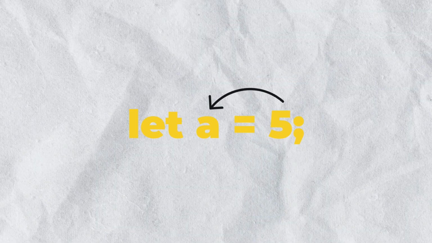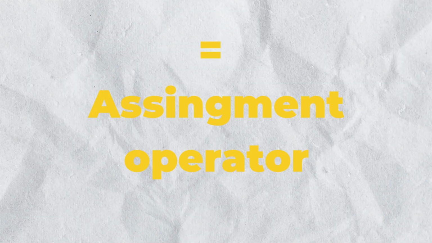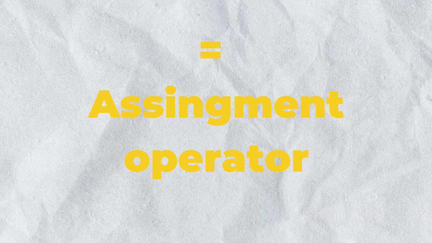For example, when you use the statement let a is equal to 5, then you are assigning the value 5 to variable a. It is done using the equal to symbol, and in JavaScript or any programming language, the equal to symbol is mainly referred to as the assignment operator. So this is how an operator works. Let's now look at some of the most common operators in JavaScript.